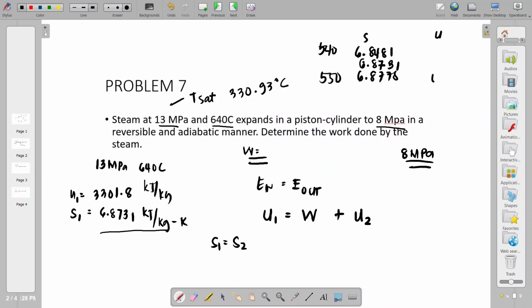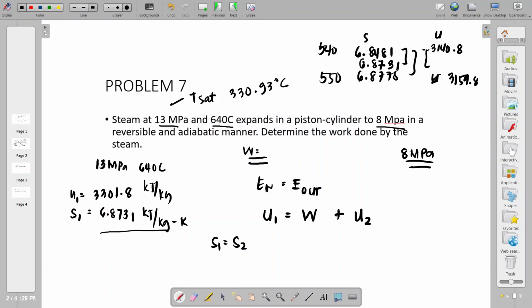So, U ang kunin natin. Sa 540, ang U niya is 3140.8. Okay. Sa 550, okay, ang U niya is 3159.8. So, interpolate lang natin ito.